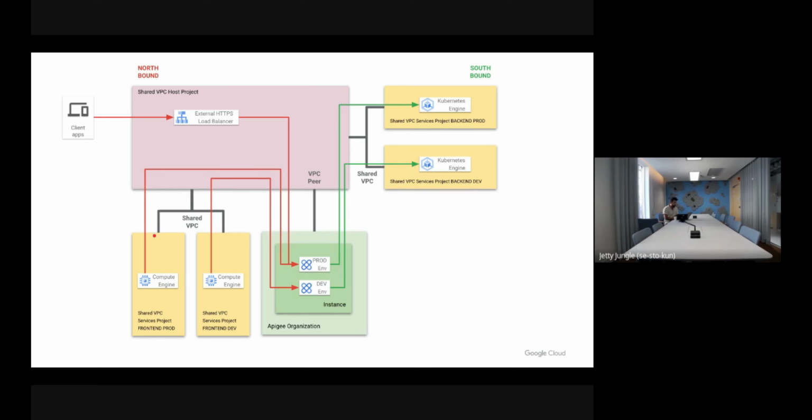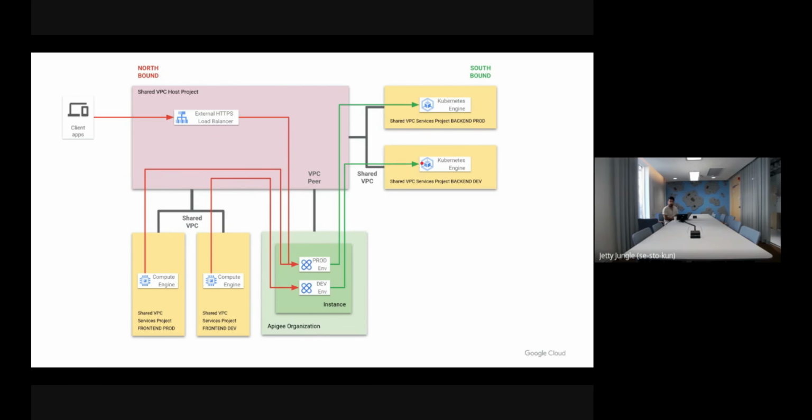These projects are again using the same shared VPC from the host project, and since they have a shared VPC, they are able to access the Apigee instance while acting in a service project. So if you want to send an API call which comes to Apigee and then goes to a backend in a different project, you would use shared VPC, and the call will go over here to Apigee and go back to this backend.